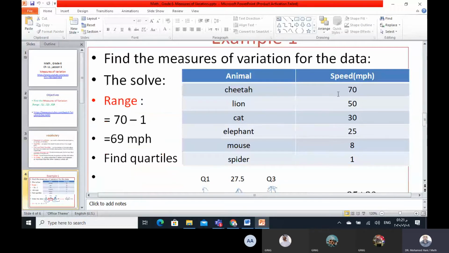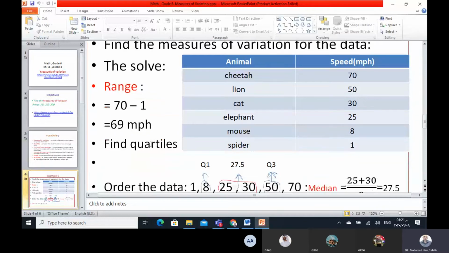For example, cheetah 70, cat 30, spider 1. The range is the greatest value minus the smallest value, so 70 minus 1 will be 69 meter per hour.